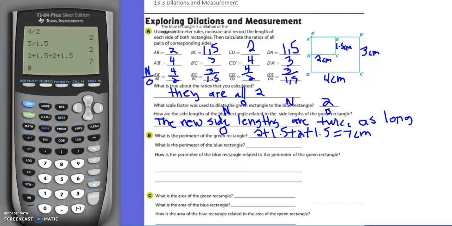Okay, what is the perimeter of the new figure? So we're going to say 4 plus 3 plus 4 plus 3. We're going to get 14.